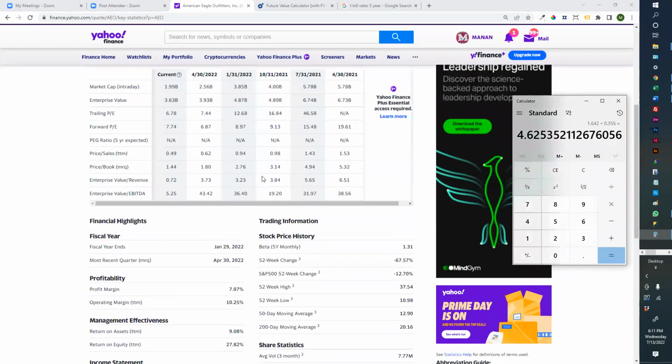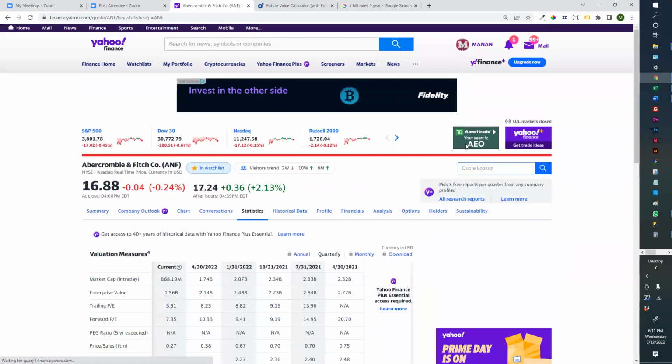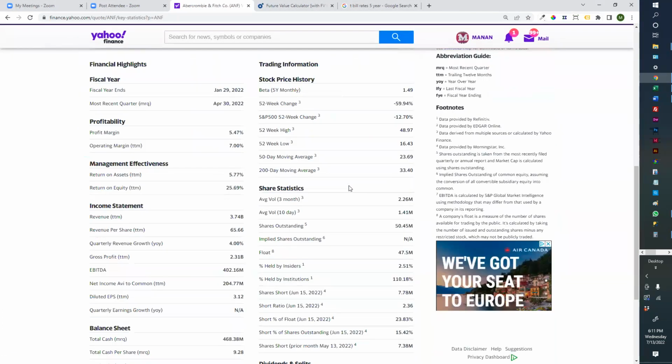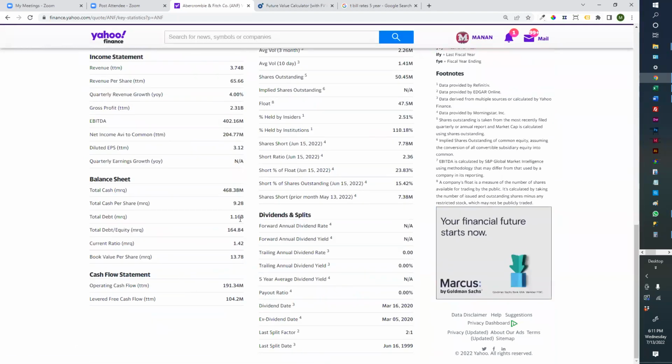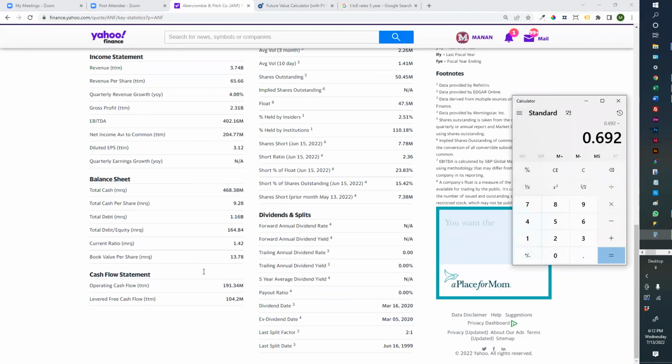But if you check Abercrombie and Fitch, the debt is 1.16 billion minus 0.468. So their debt is only 0.692 billion, and net income is around 204 million.